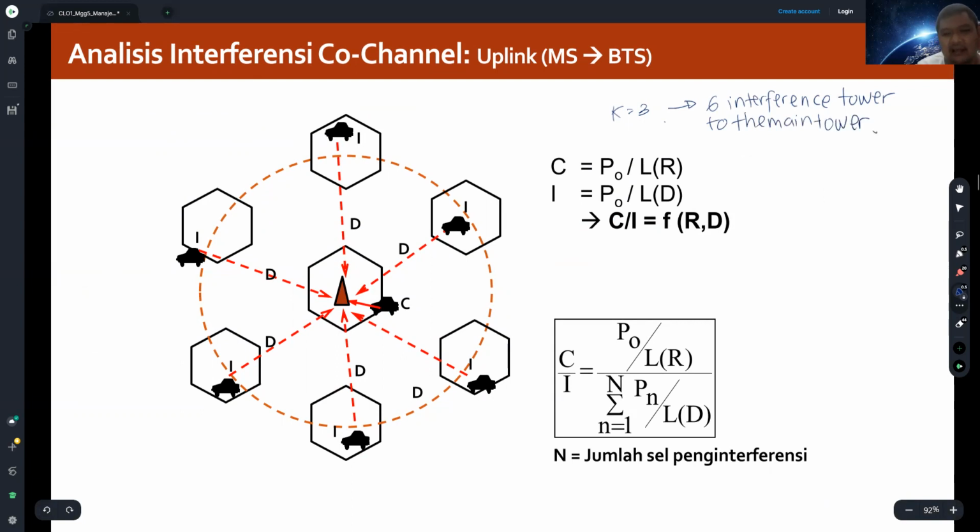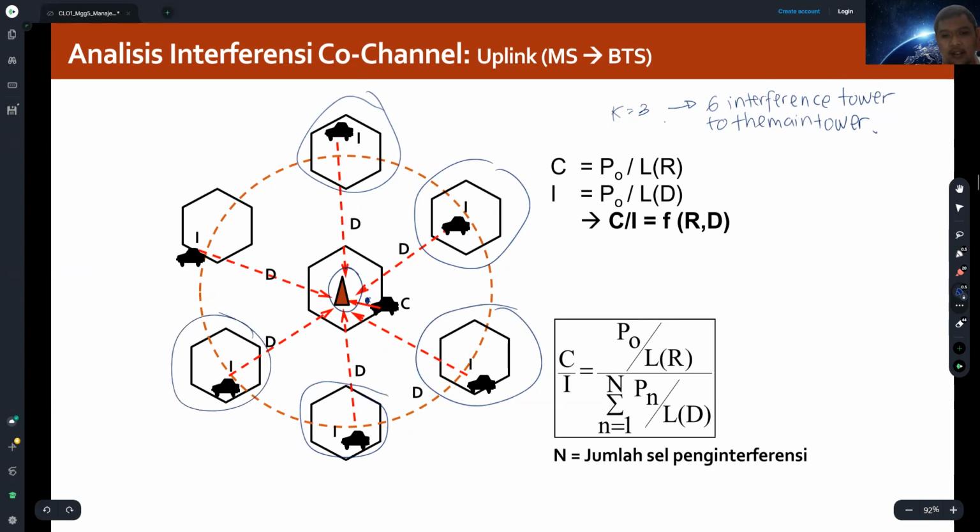Which means that if the user is communicating with the initial base station over here, there will also be another 6 towers interfering with that communication. So the interference is not only coming from one tower. However, it's also coming from other towers that are close to this cell.